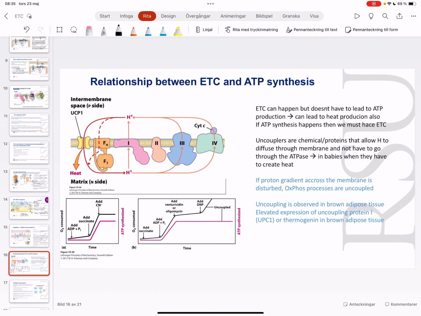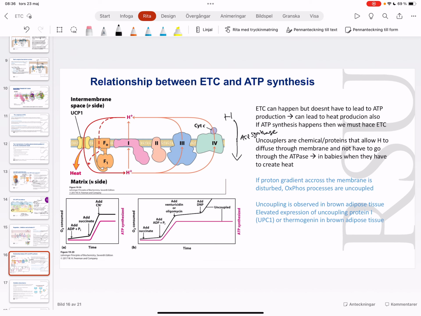As I told you once, if we have a lot of hydrogens, they will only flow back into the matrix through the ATP synthase. That was the only way for them to pass the inner membrane, because the inner membrane is highly impermeable.